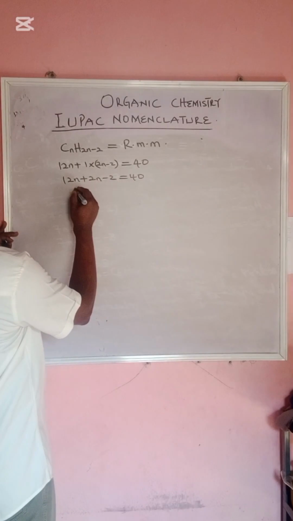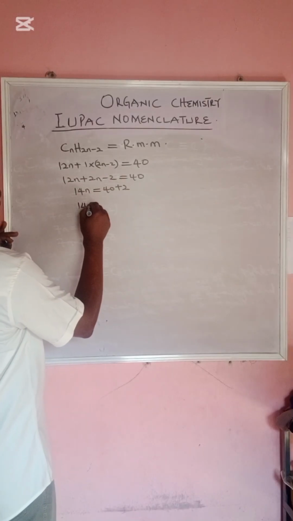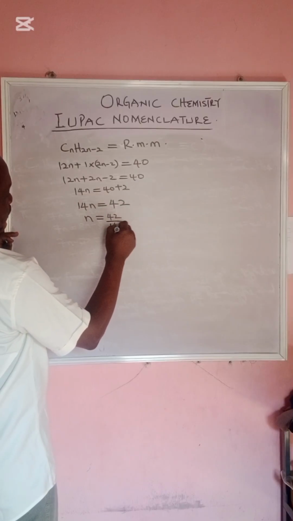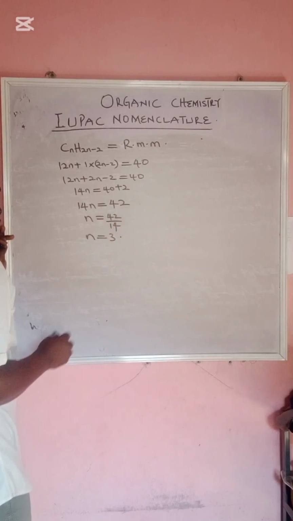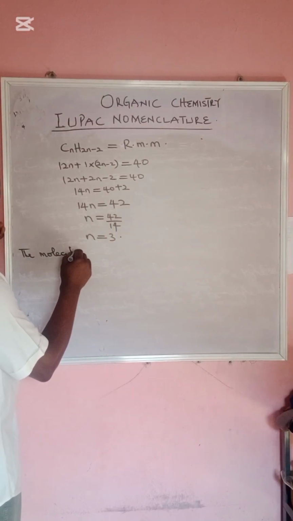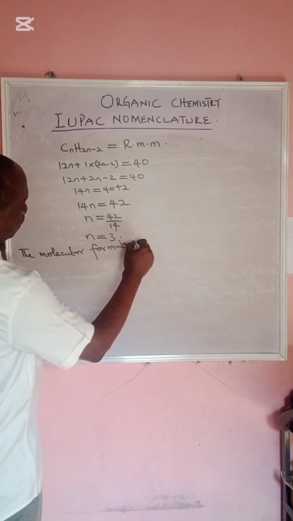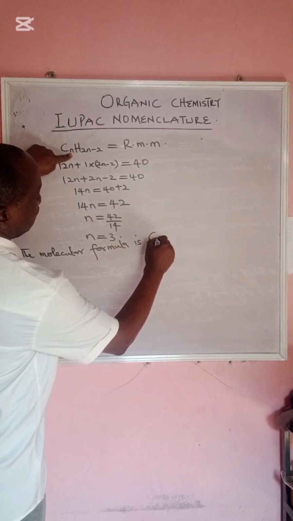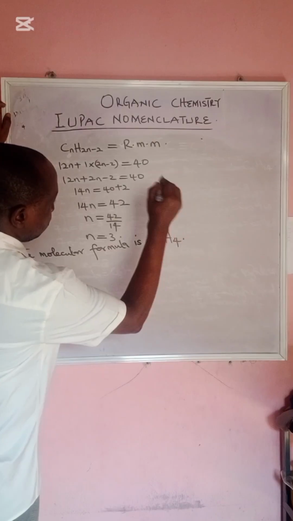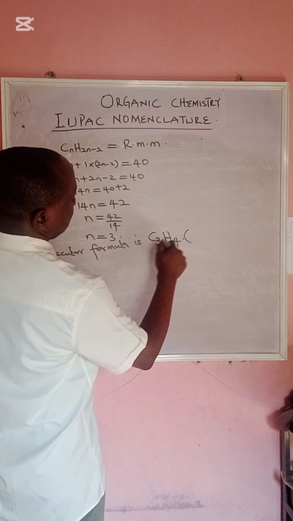So 14n is equal to 40 plus 2. 14n is equal to 42. n is equal to 42 divided by 14. n is equal to 3. So the molecular formula, applying the formula, is C3H: 2 times 3 is 6, 6 minus 2 is 4. So C3H4. Now you have to name it. The name is propyne.